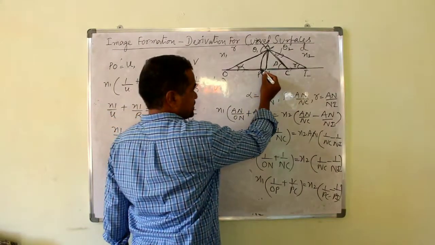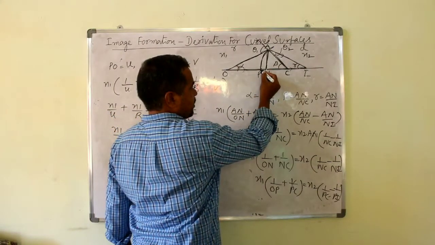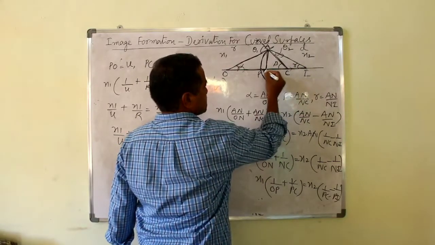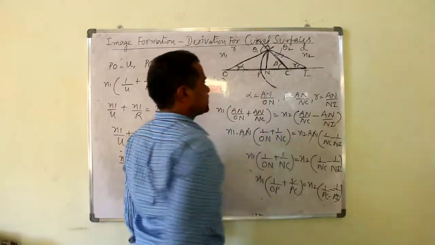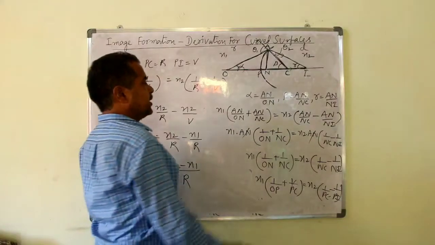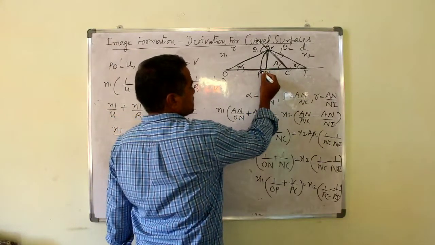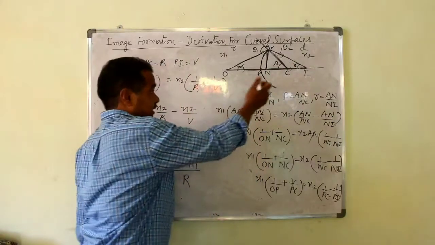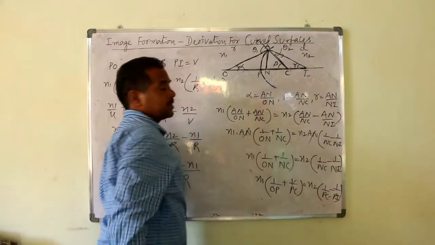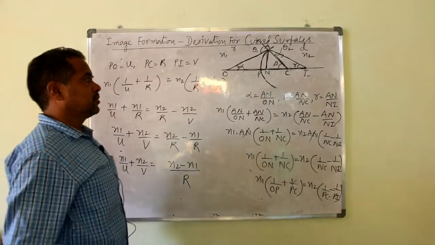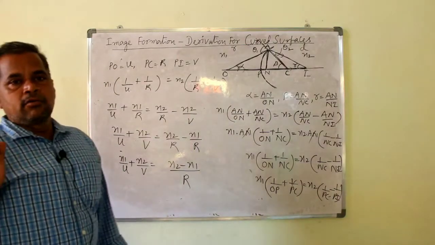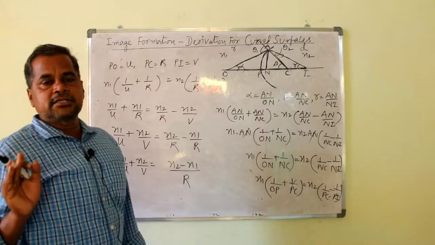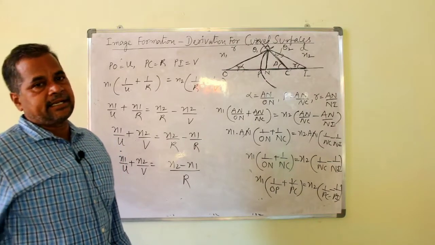The distance of the image is measured from the optic center to the image. The distance between the optic center and the center of curvature is called the radius of curvature. So the first sign convention is we should measure all distances from the optic center.